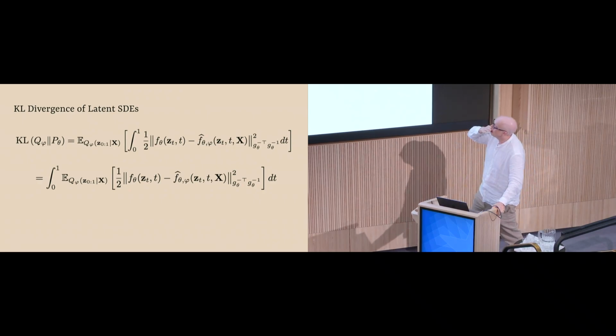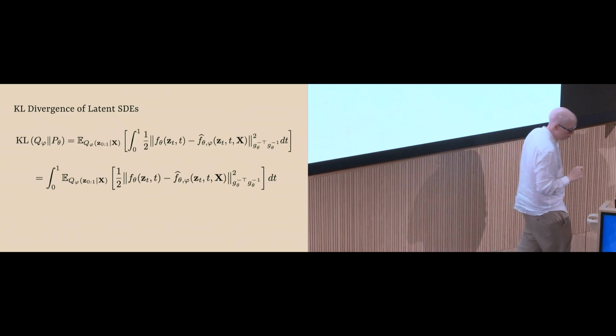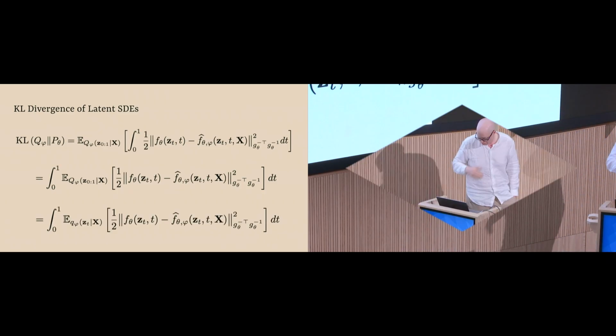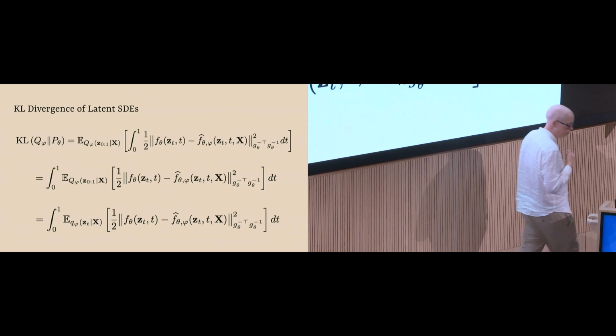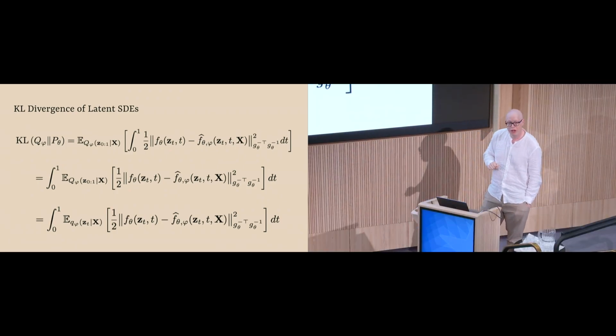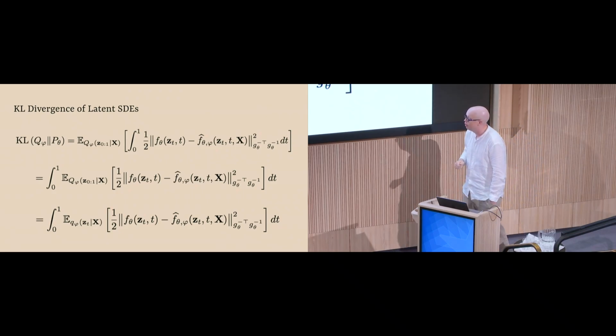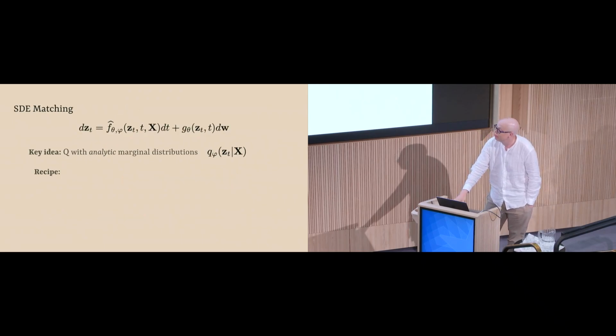And here we can see that the integrand only depends on what Z_t is at time t. So we actually only need the marginal distributions. This expectation is now over the marginal distributions of the stochastic process. So if we can come up with a way where we specify an SDE where we have direct access to the marginal distributions, we can estimate this much more efficiently.